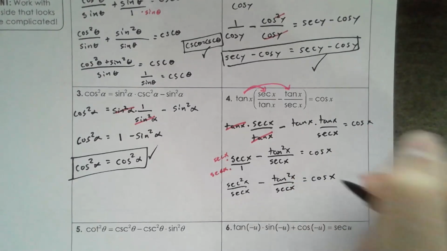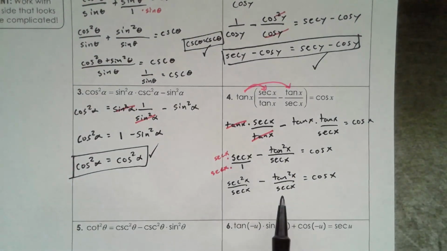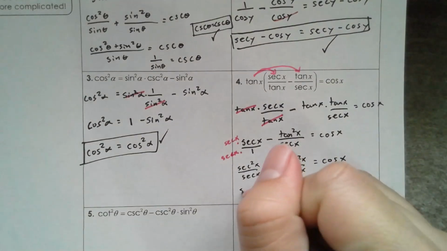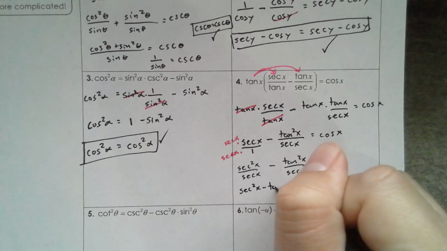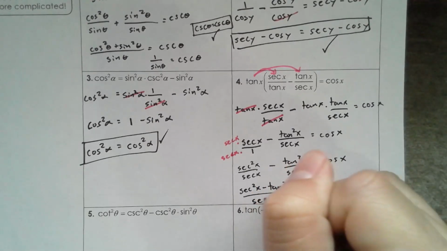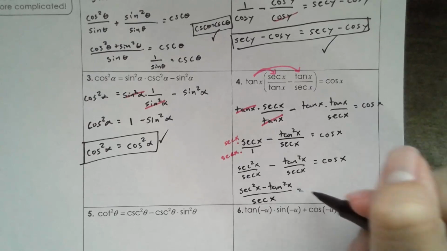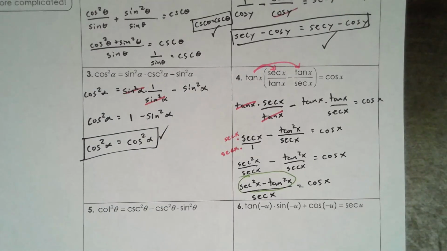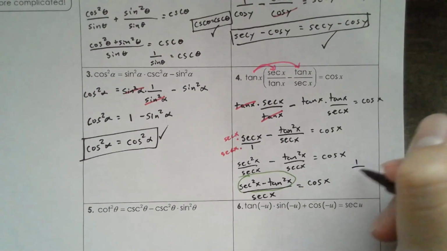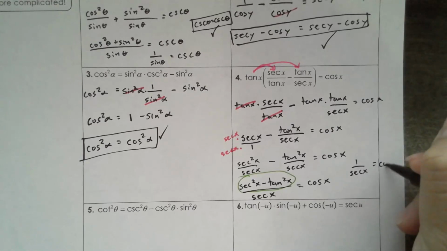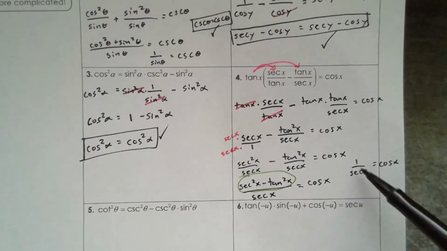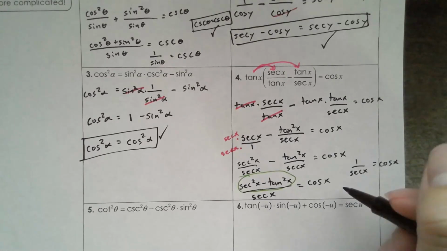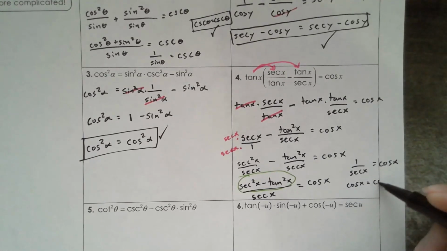Two fractions now have the same denominator, so I can do secant squared x minus tangent squared x over secant x. That's equal to cosine x. Secant squared x minus tangent squared x, this guy right here is an identity. That's 1. So then I'll have 1 over secant x is equal to cosine x. And then I know 1 over secant x is the reciprocal of cosine x. So then these two sides are the same.